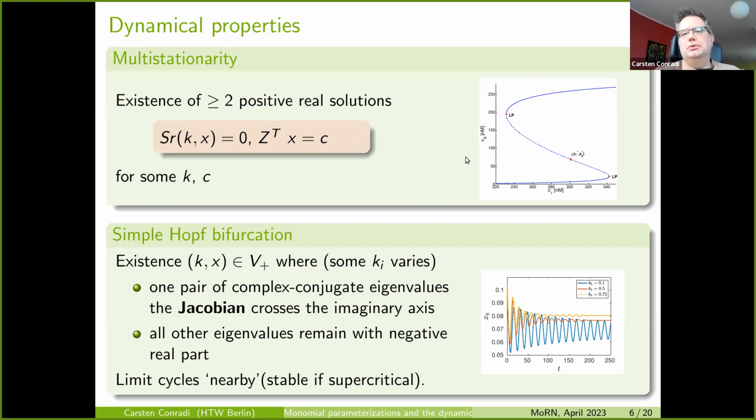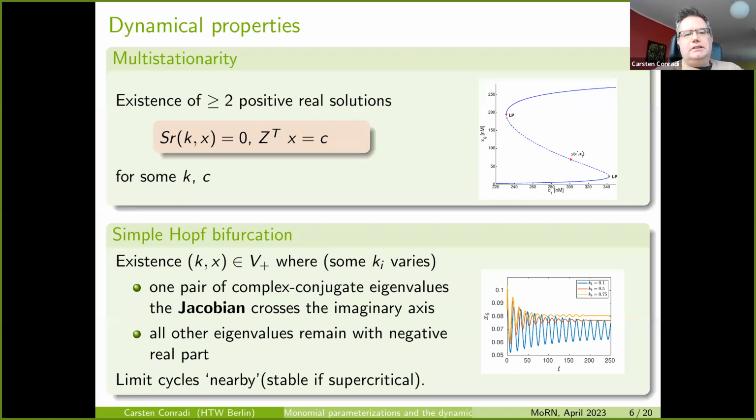And usually if we have established this and found rate constants and total concentrations and do some numerical continuation, then if we vary a total concentration and plot the steady state concentration, we usually find a region where we have several steady states, and we get this S-shaped curve that is of interest in modeling, for example, signal transduction systems and the like.